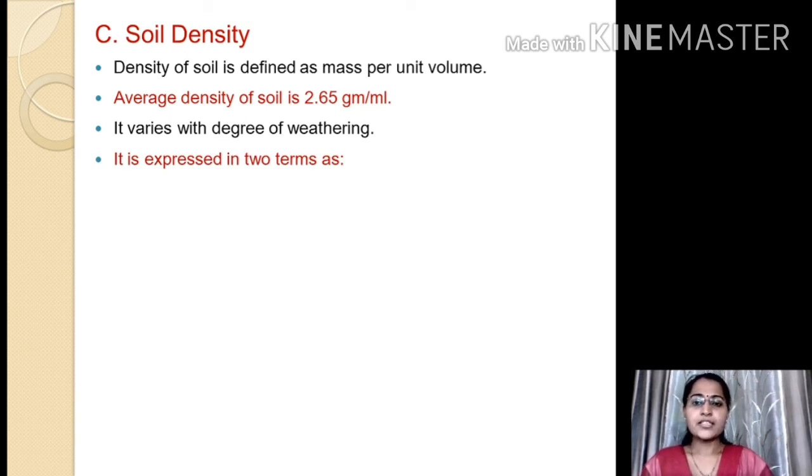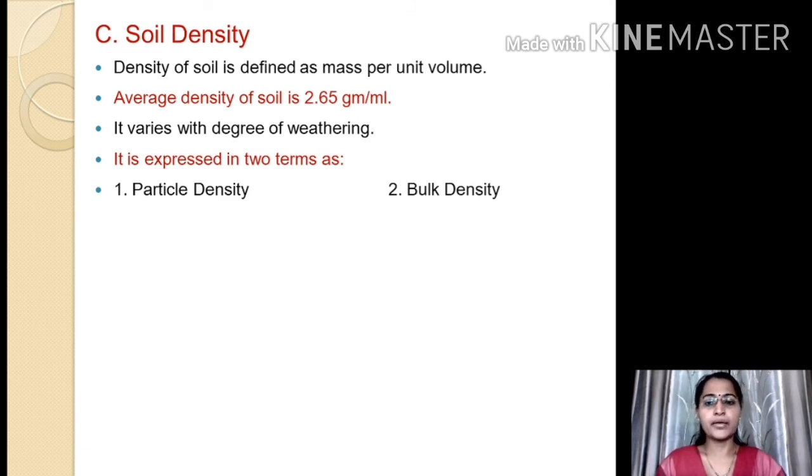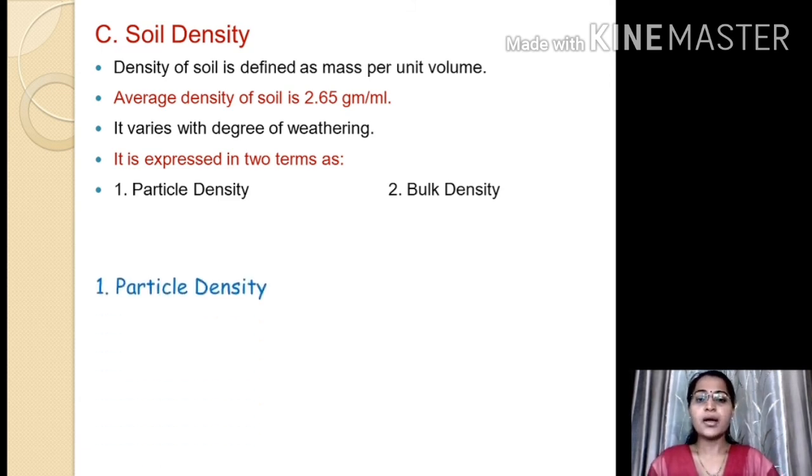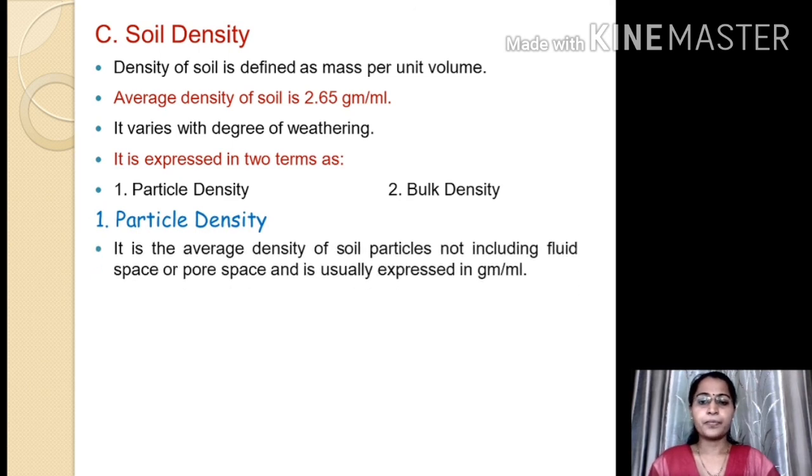Soil density is expressed in two terms, that is particle density and bulk density. See the first one, particle density. It is the average density of soil particles, not including fluid spaces or pore spaces, and is usually expressed in gram per ml.